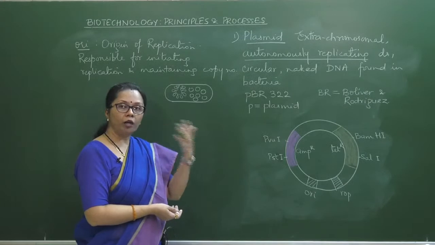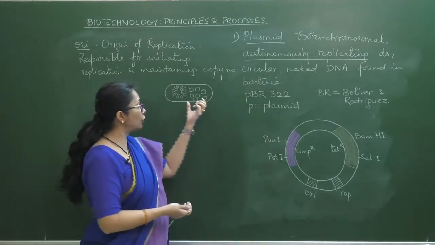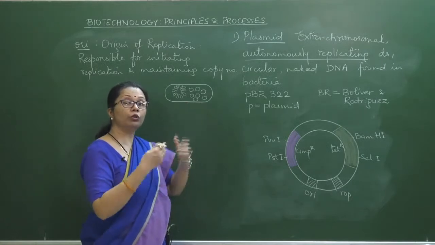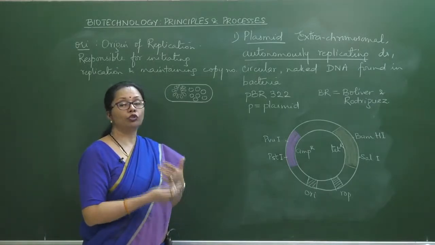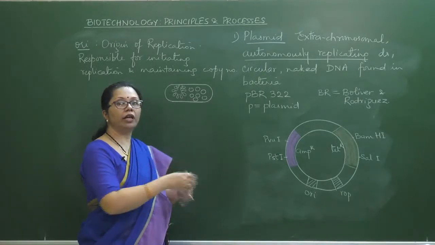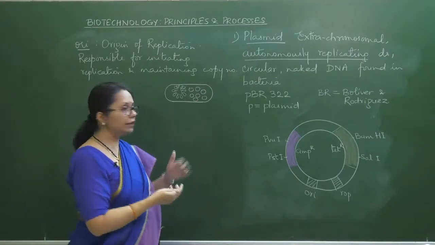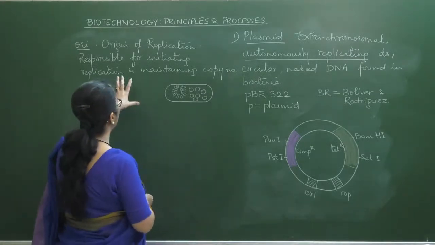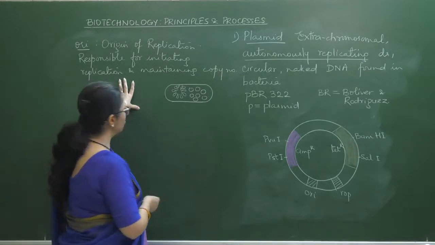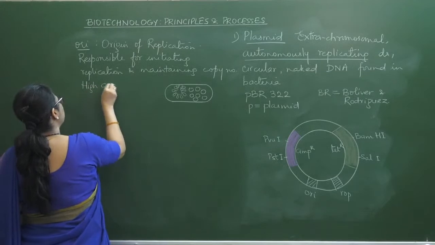There are plasmids which make 500 copies of themselves, so our gene of interest also is copied 500 times. And when this bacteria divides, they are passed on to the next generation of bacteria also. So we can just mention high copy number is preferred.